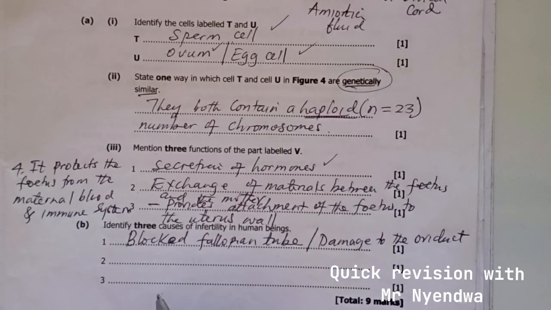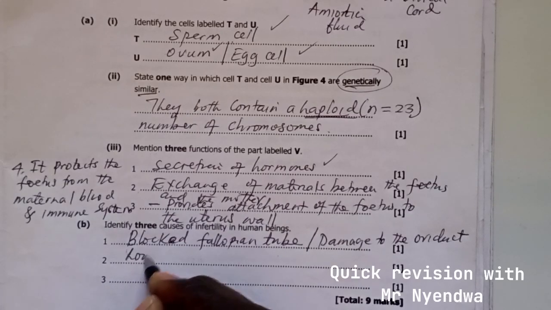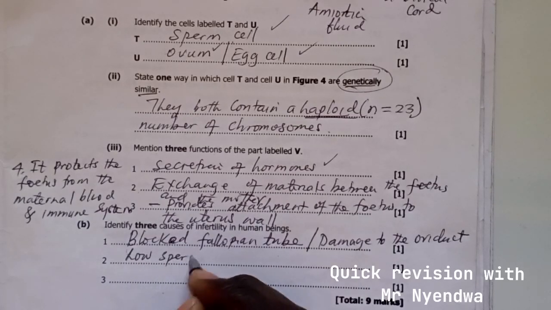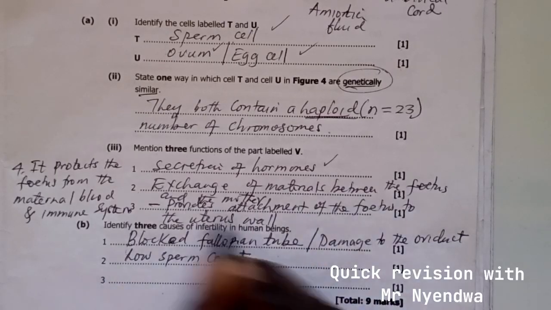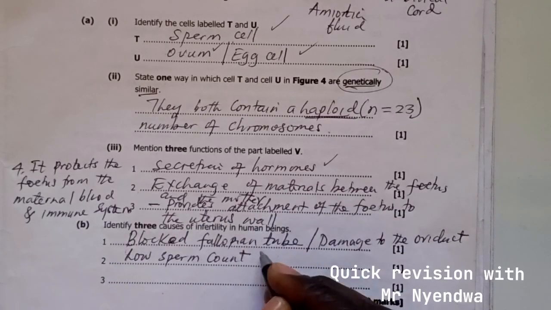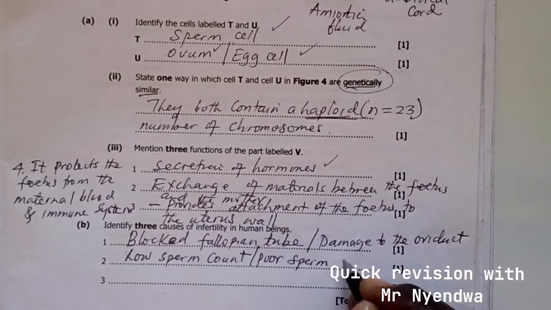Then the other aspect that we can talk about is in terms of males, we can talk about low sperm count. Maybe the number of sperms that are produced is very low. Or you can talk about poor sperm motility.